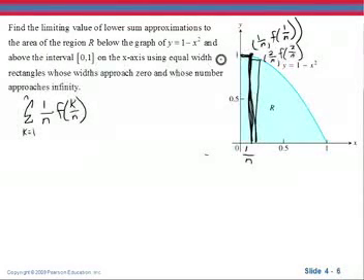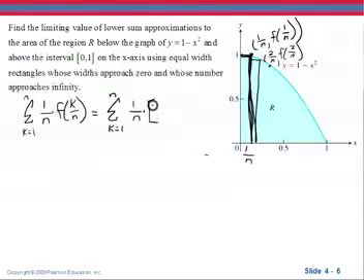The reason I'm using k over n is because this function value is changing as we make each of our rectangles. It starts out as 1 over n, then 2 over n, and 3 over n, and 4 over n, and 5 over n, all the way up to n over n, which is 1. That means what we've got here is the sum from 1 to n of 1 over n times f of k over n.